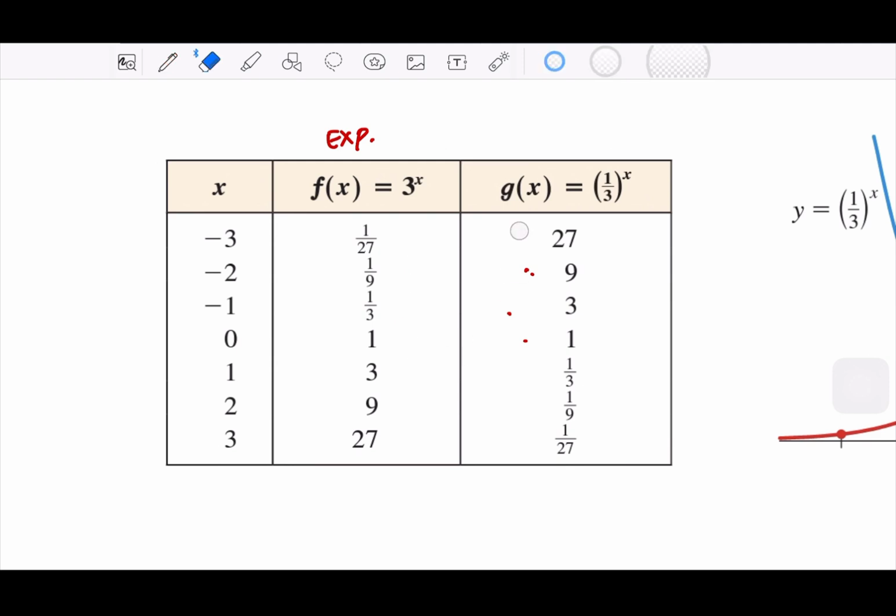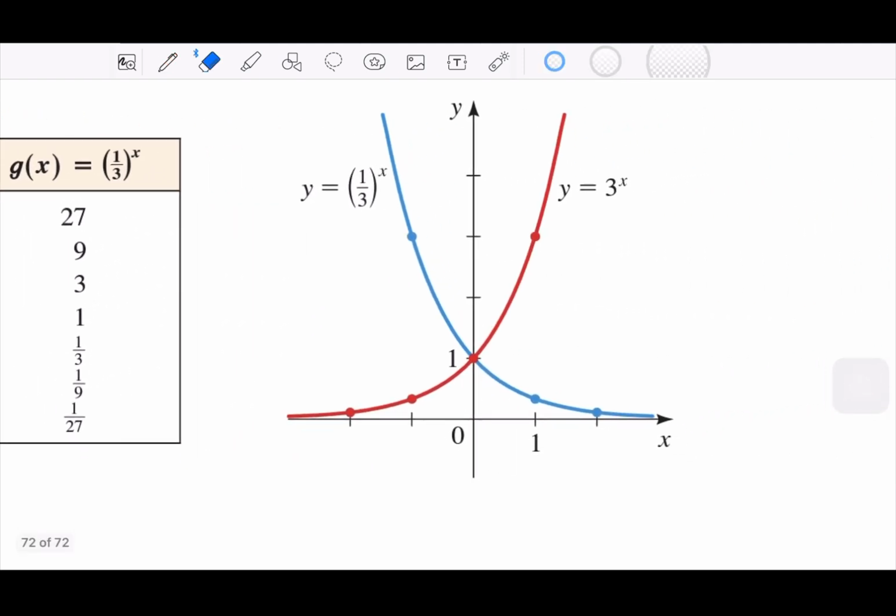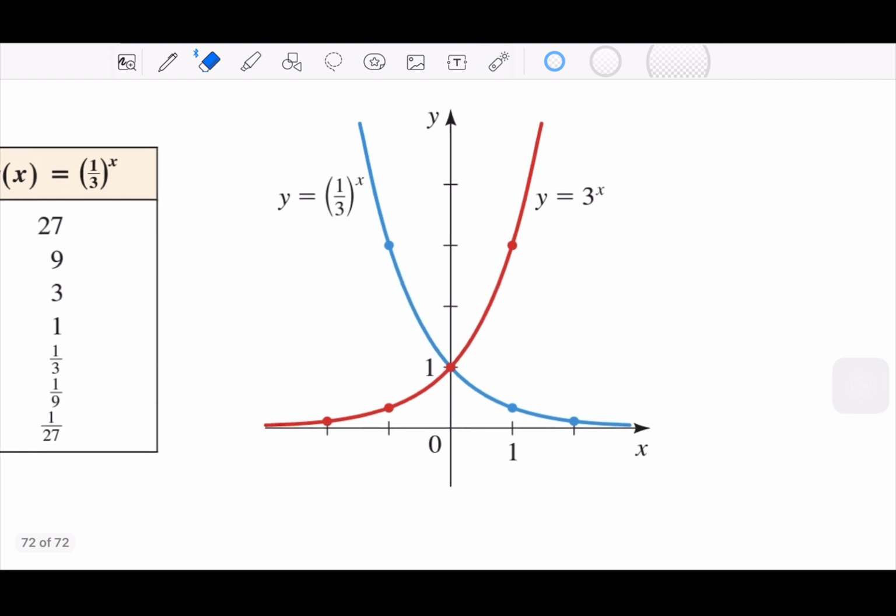And then when we take the values to graph our functions, we could have this. We could also say from here that this is 3 power x, and this is 3 with power of negative x.